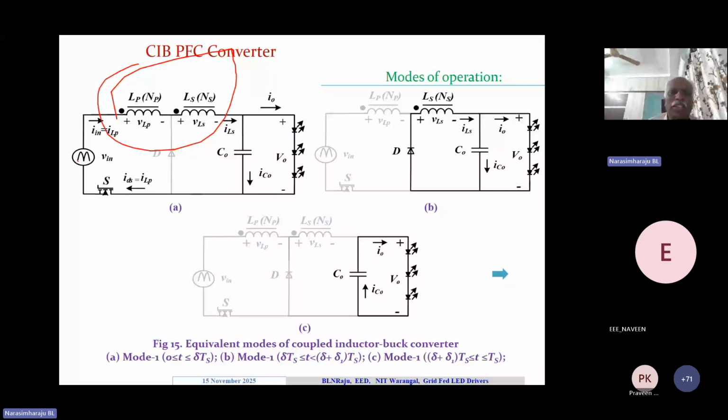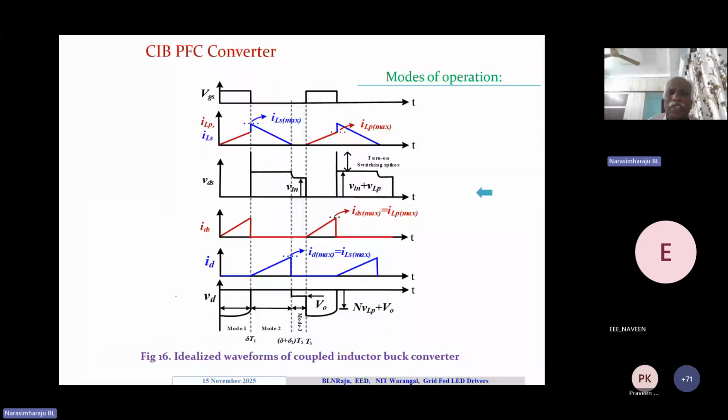That is how it can make the source current follow in line with the source voltage. So that is how inherent power factor correction can be achieved with this discontinuous mode of operation.